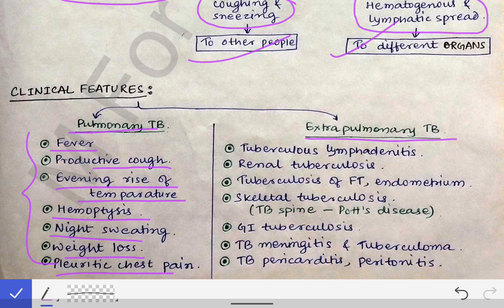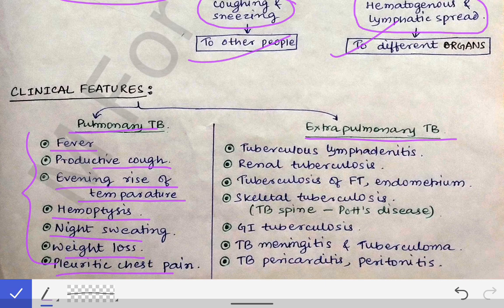You cannot make a mistake. This is a typical finding in pulmonary TB: evening rise of temperature, hemoptysis, productive cough. You know this only if you know the clinical features of that disease. So that's why the clinical features become important. These are all the clinical features of pulmonary TB.